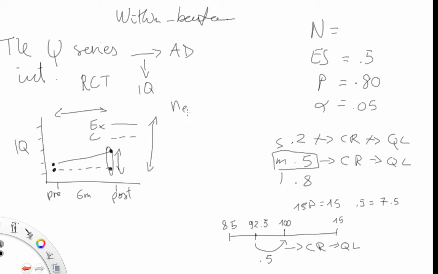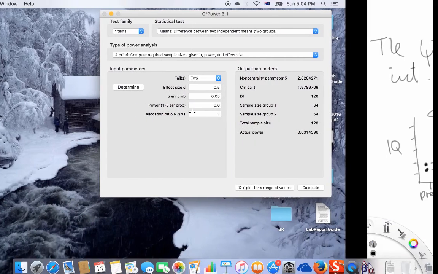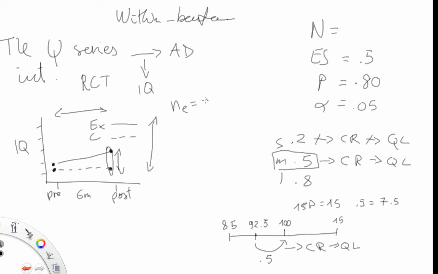So in the experimental group we'll have 64, and in the control group as well, 64, total 128.